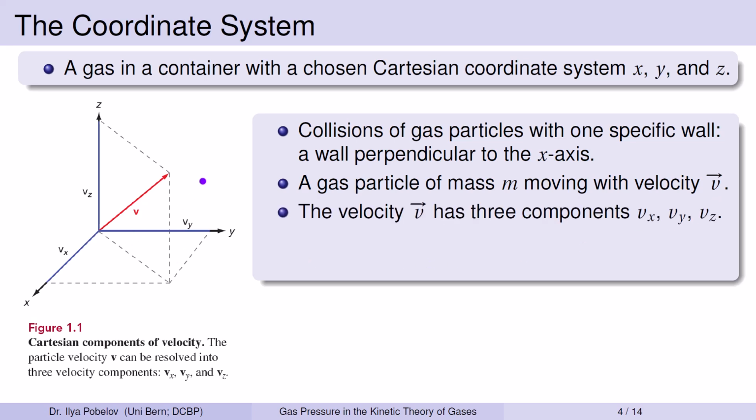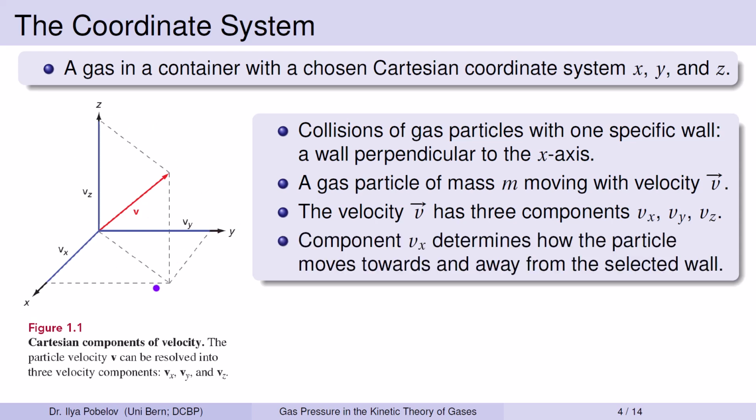This velocity has three components: vx, vy, and vz along the x, y, and z axis. We are primarily interested in the component vx because it determines how the particle moves towards and away from the selected wall that is perpendicular to the x-axis.